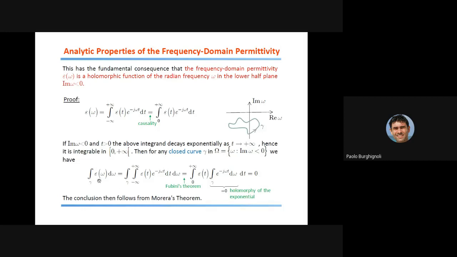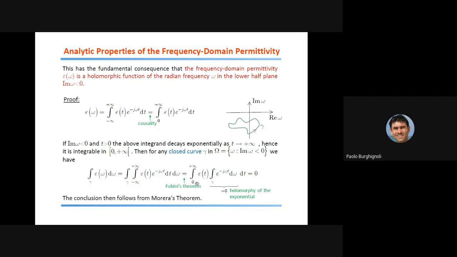Let us introduce the definition of epsilon of omega as a Fourier transform. So we have now a double integral. The external one is a complex contour integral. The internal one is a real integral, the Fourier integral. Now, since the inner integrand is integrable, as we saw, then we can exchange those two integrations by means of Fubini's theorem.